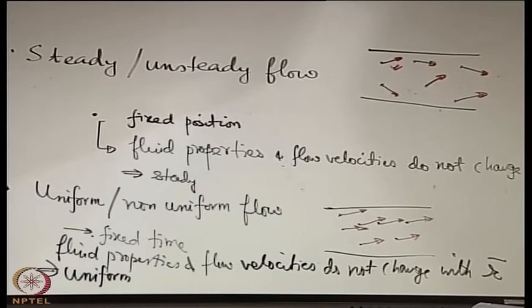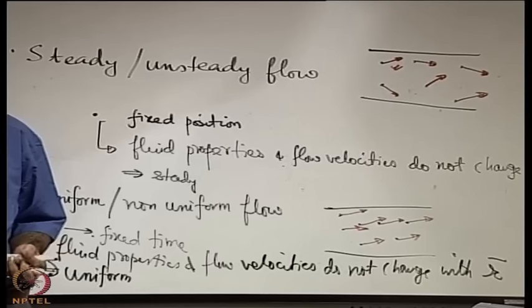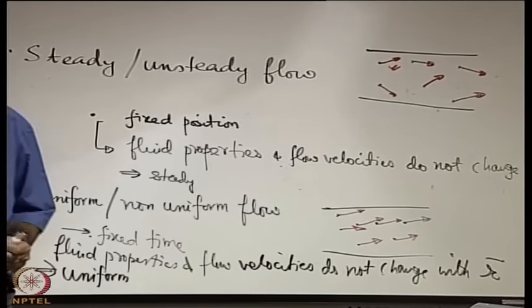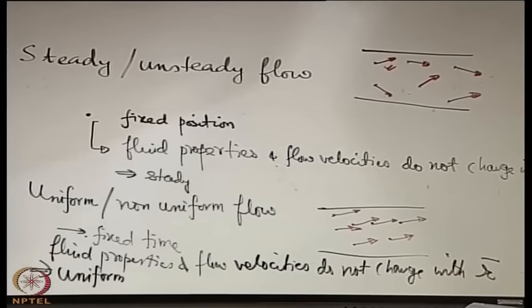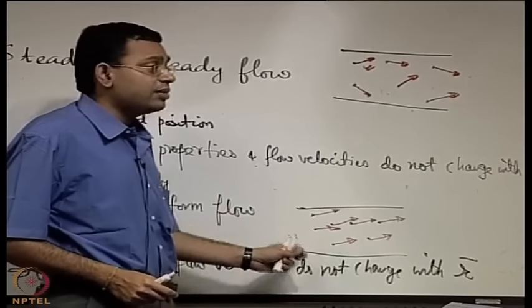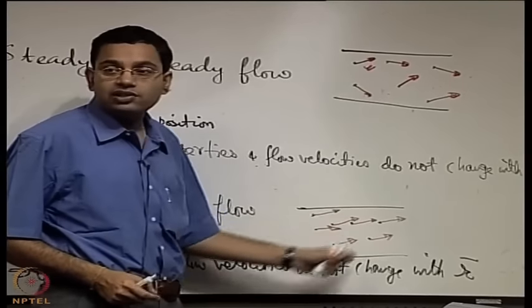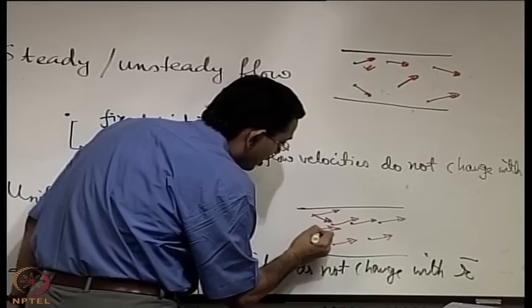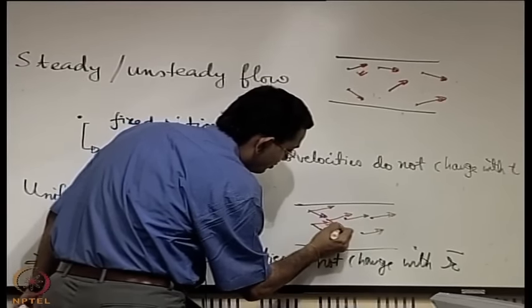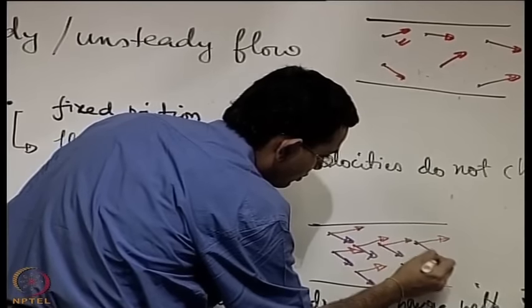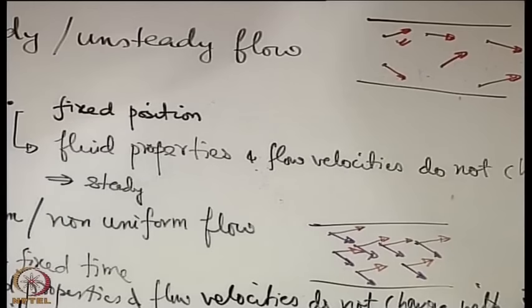Is it possible to have a uniform but unsteady flow? So 50% of you are saying yes and 50% no. Let us look into this example. Let us say at some time instant these are the velocity vectors. Let us say in the next time instant you have the velocity vectors like this. Assume that they are all same.